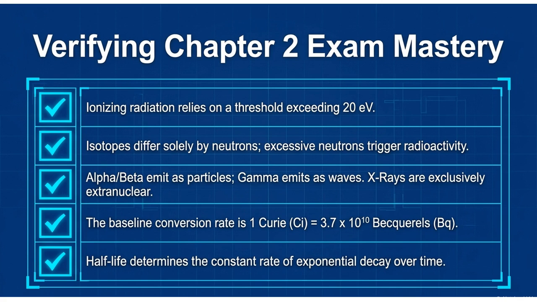Alpha and beta are particles. Gamma and X-rays are waves. The baseline conversion is 1 curie is equal to 3.7 times 10 to the power 10 becquerels. Half-life determines the constant rate of exponential decay.